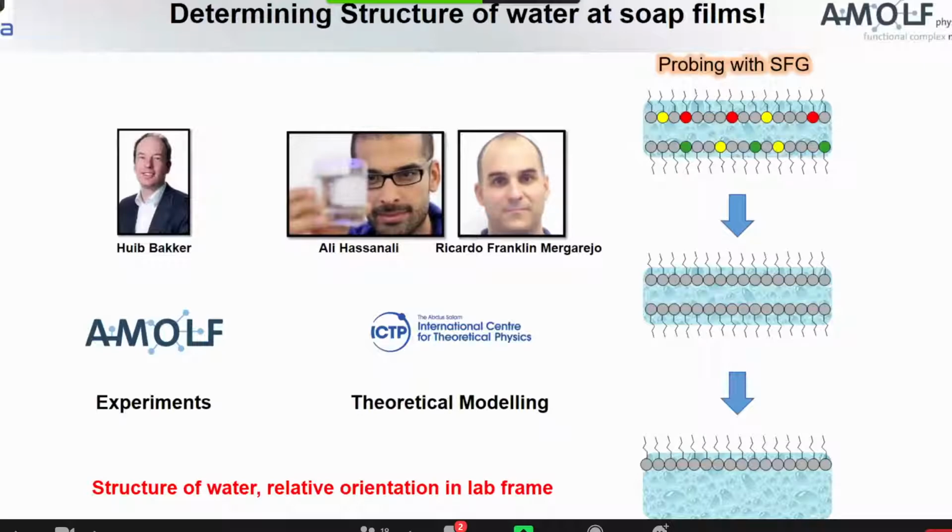Now, we at ARMOLF are performing the experiments, and we are closely working with people who can theoretically model these systems. And you will hear about this in the upcoming talk. So our partners at ICTP.